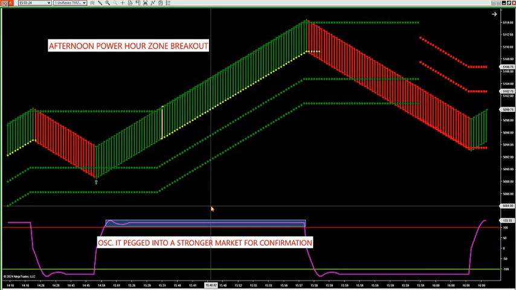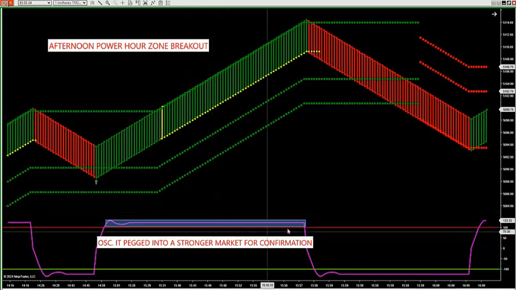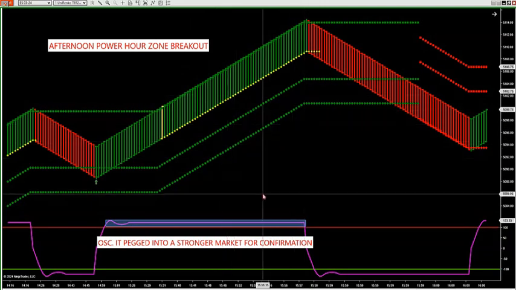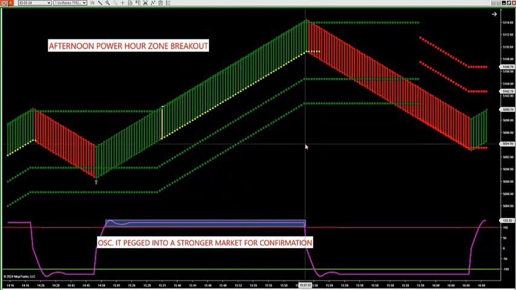And then we also have power hour at the close. We know at 3:50 to 4 o'clock, we typically get a really nice surge in the market, and we had it yesterday. So you can look for the zone breakouts via the strategy, the new update you're getting, and also the indicator. Both are great opportunities, power hour in the morning and power hour in the evening.